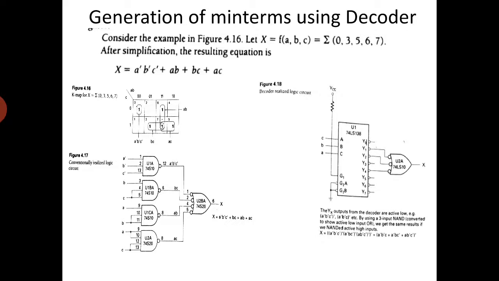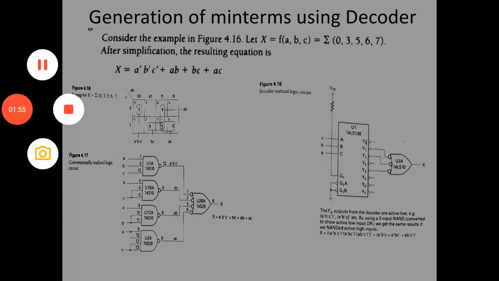Let us take the realization of a Boolean equation or min terms with basic gates. The same thing we can do with the decoder with some help of the basic gates. Let us take an example.